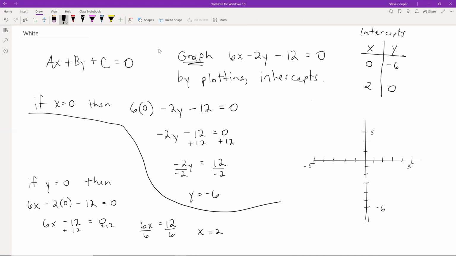Okay, so I just need to plot these 2 points, 0, -6, and then 2, 0. And then our line is the line through these 2 points here. That's hard. Okay, so this is the line 6x minus 2y minus 12 equals 0.